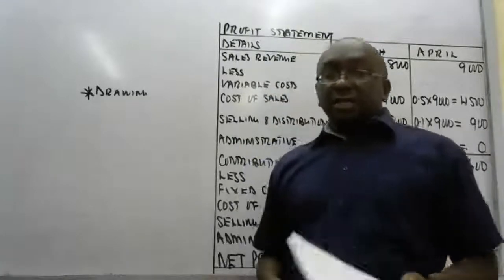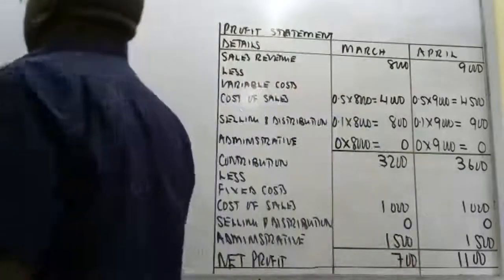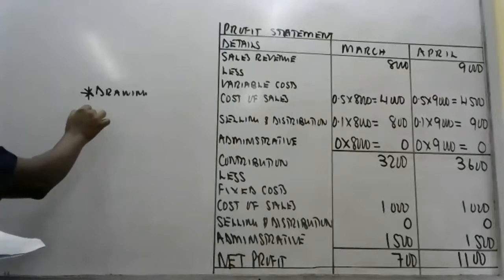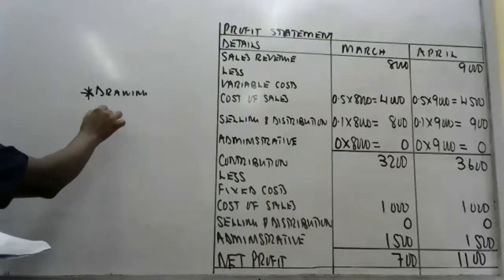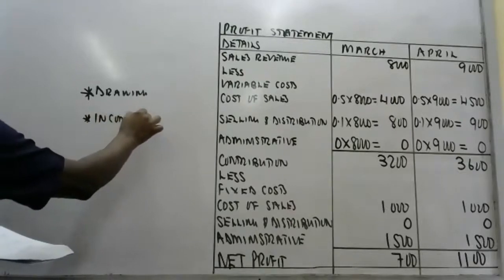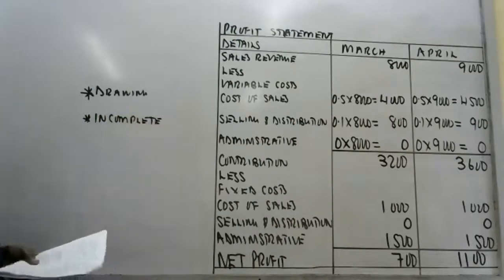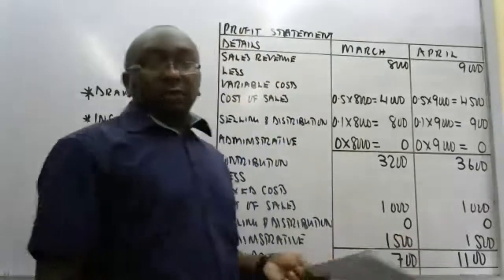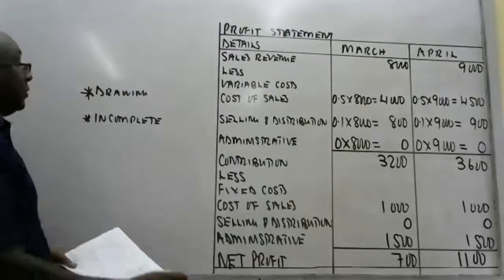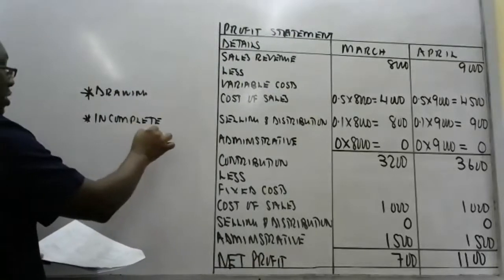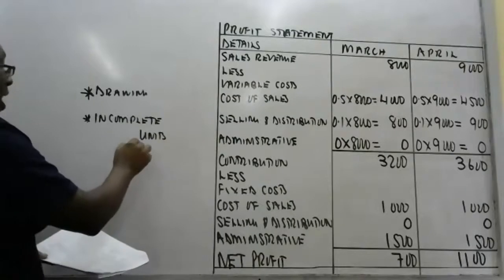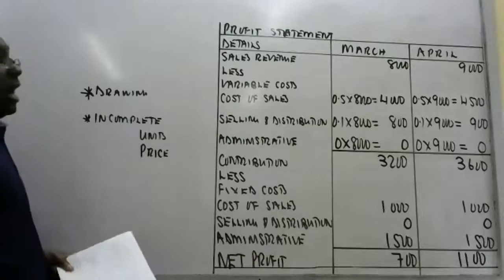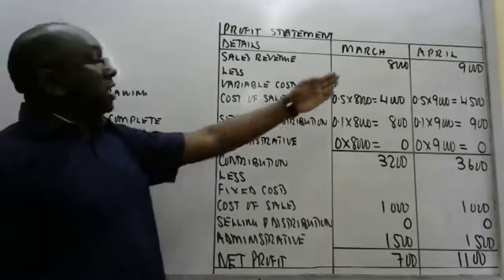The second reason why we will not handle the question is that some data were missing, so I can label the question as incomplete. For you to be able to draw these graphs, you must know the units, which will be your X, and you must know the price. All we know is the revenue.